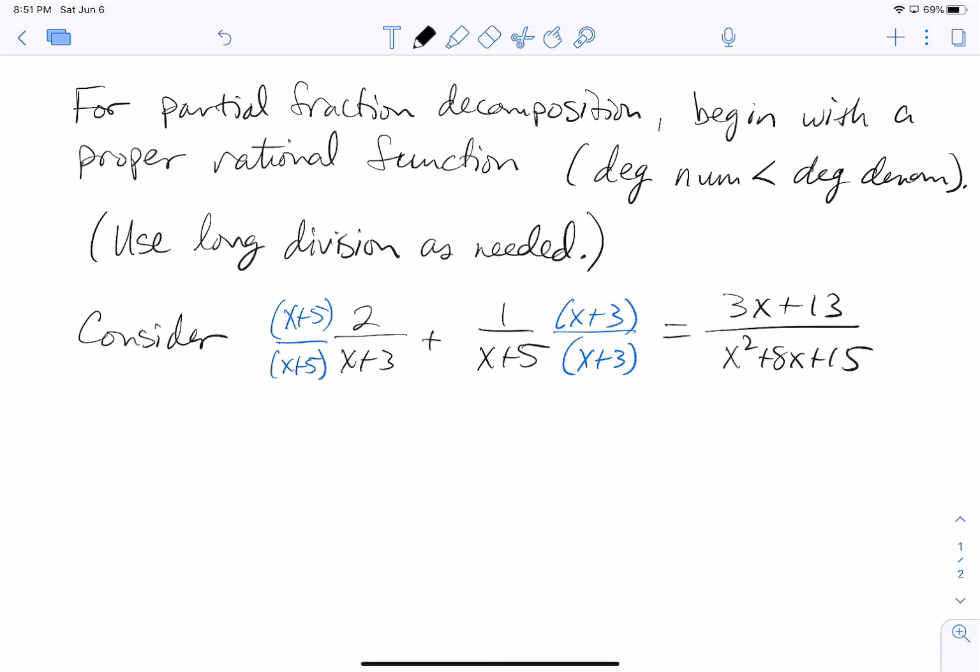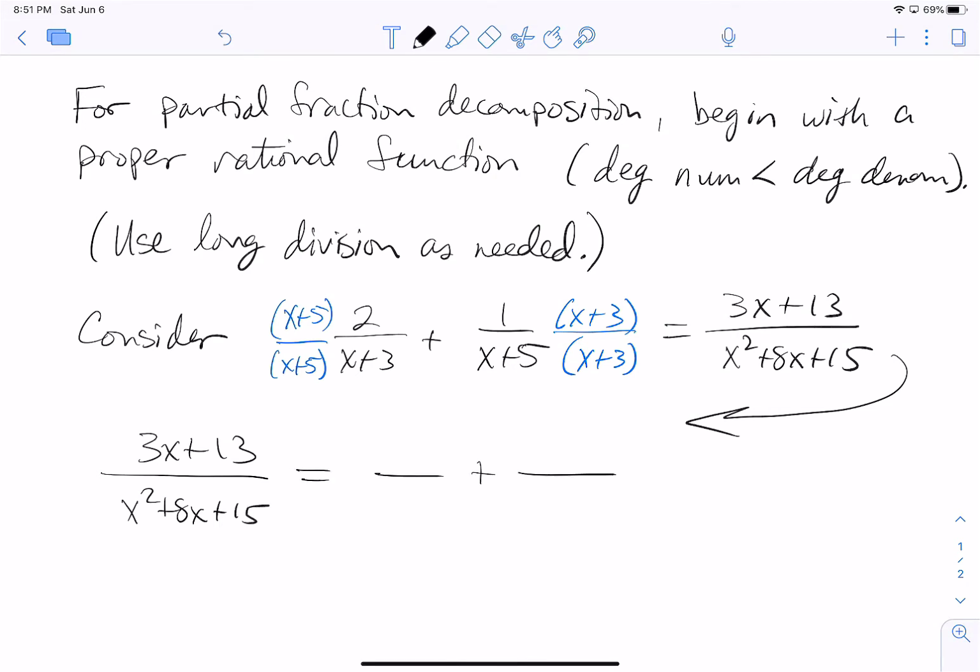What partial fraction decomposition asks us to do is this process in reverse. Starting with 3x plus 13 divided by x squared plus 8x plus 15, we would set up two fractions, one of which has a denominator of x plus 3 and the other has a denominator of x plus 5. Giving each of these fractions an unknown numerator, we set this up as A over x plus 3 plus B over x plus 5.